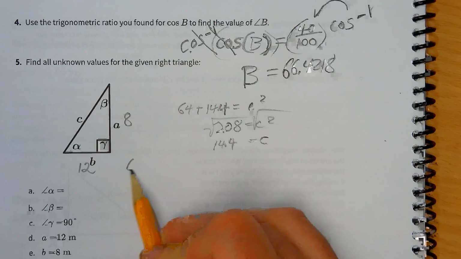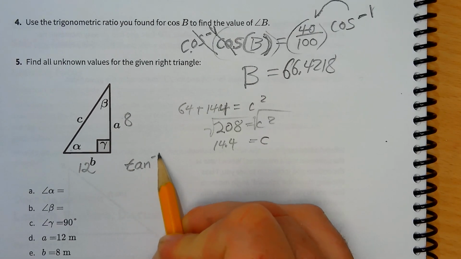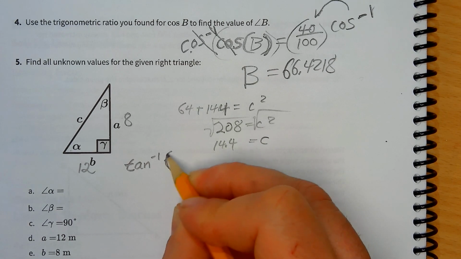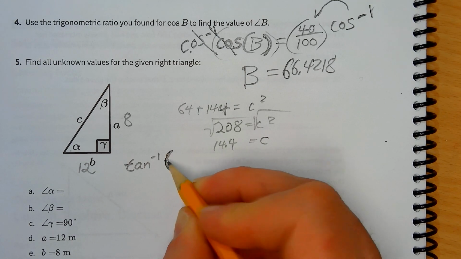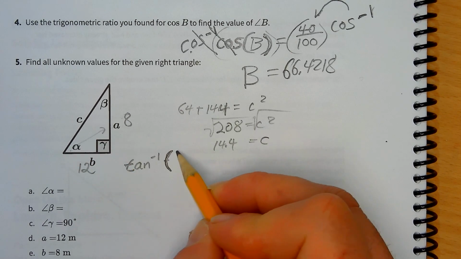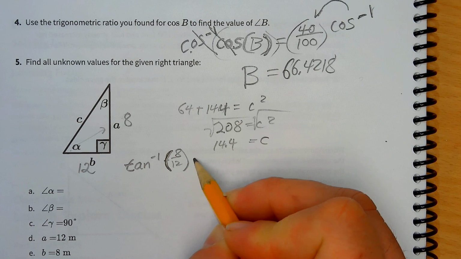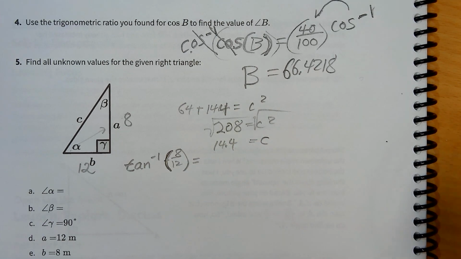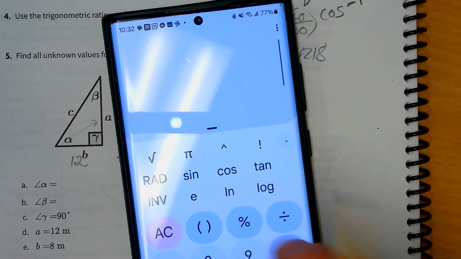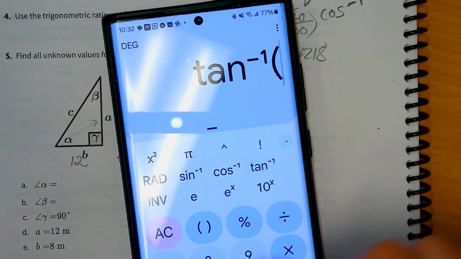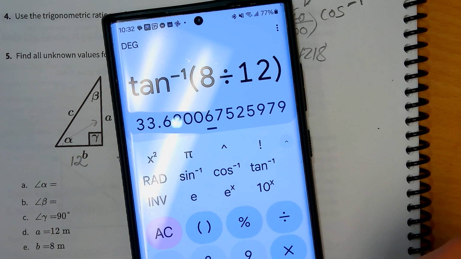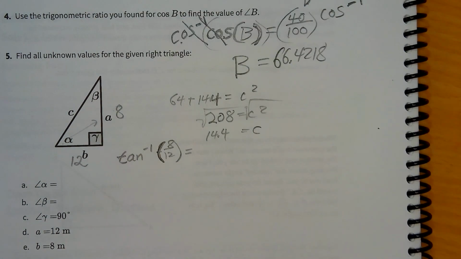All right, now we get to use my favorite, inverse tan. Inverse tan of the ratio 8/12 gives 33.7.